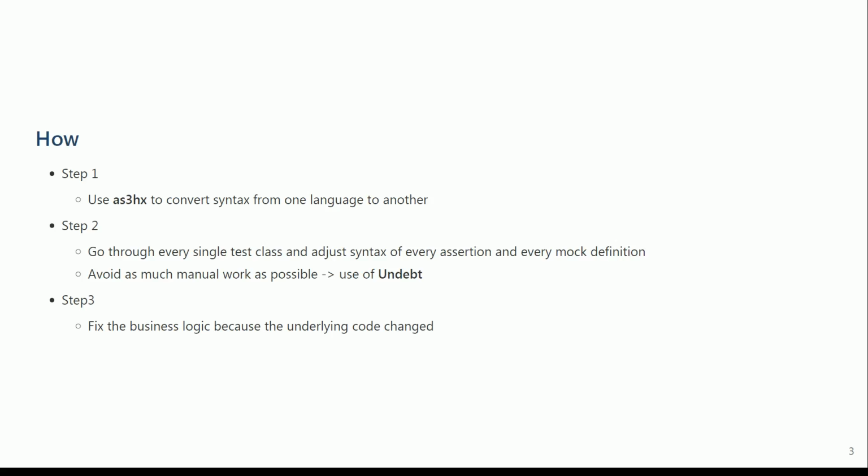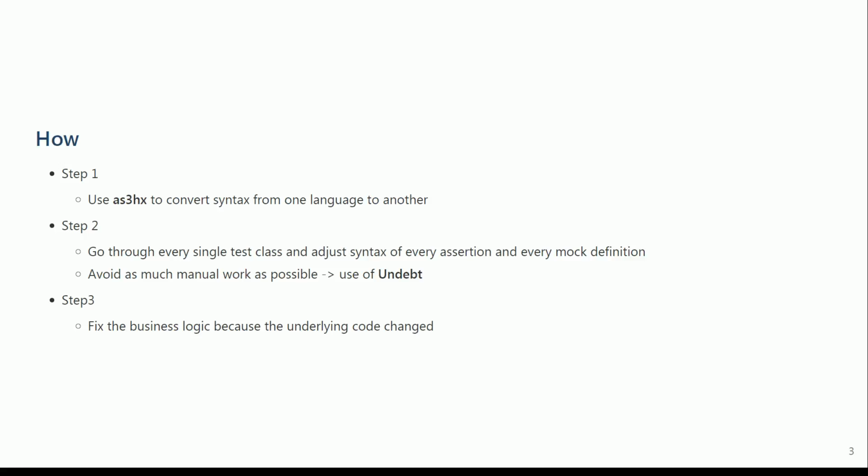So first step, a pretty classical one. Use AS3HX to convert the syntax, and it does a pretty good job, but it's just syntax. We also wanted to convert as much as possible to switch between frameworks, because that would also be a repetitive task.